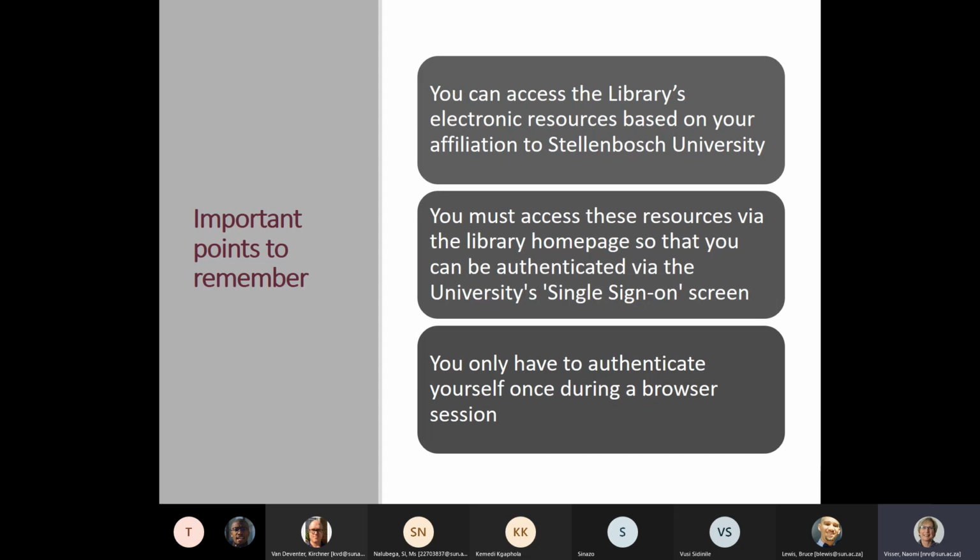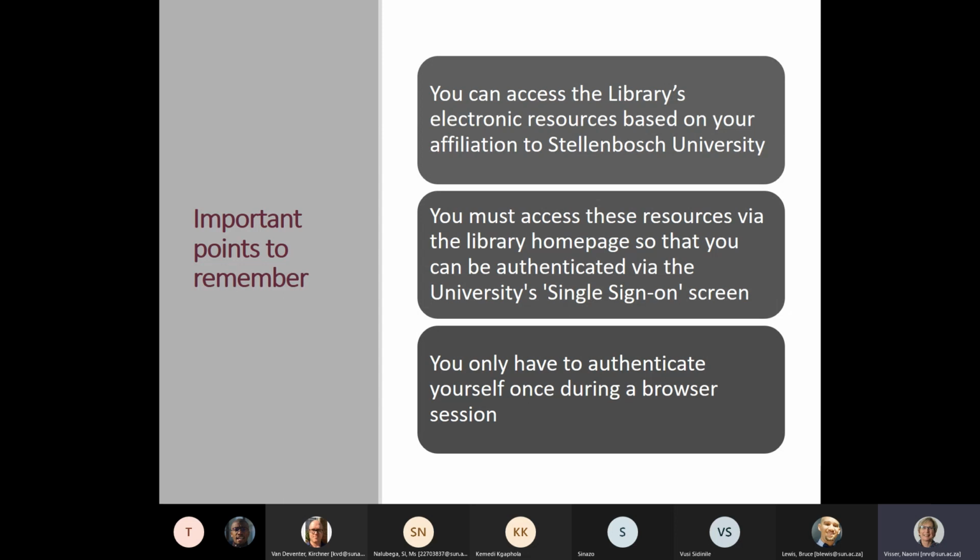So if you are on campus, you are recognized by your IP address. We provide all our IP addresses to the publishers or the providers of the resources. And so if you come from a computer on campus, your IP address is recognized and you are immediately allowed access to the resource.